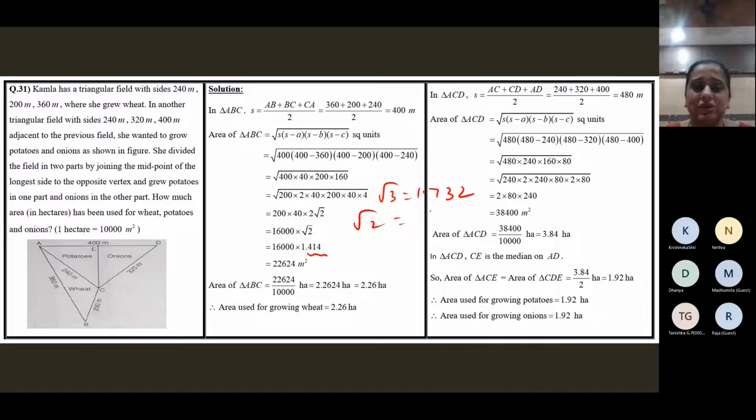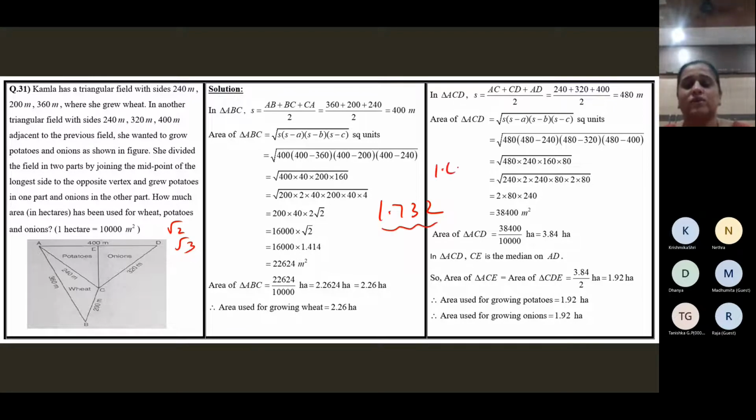If nothing is mentioned, but you have to use the decimal value for further calculation, then you have to take 1.732. But in most cases, the values of root 2, root 3, whatever, will be given in the question. If nothing is given, I would suggest take 1.732 and 1.414 accordingly.